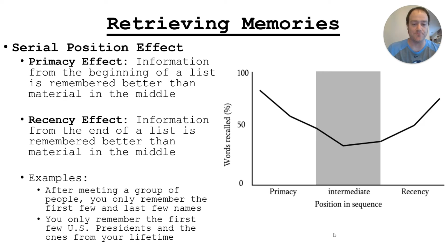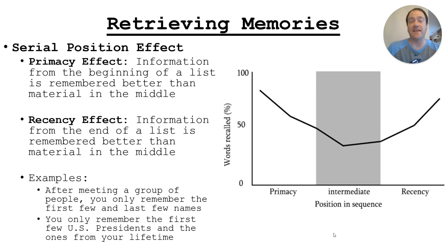The example I always use for this, and if we were in class, I would ask everyone how many of the presidents they could name in order, or just how many presidents they know in general in our country's history. Usually it's the first couple: Washington, Adams, Jefferson, maybe some get to Madison and Monroe.